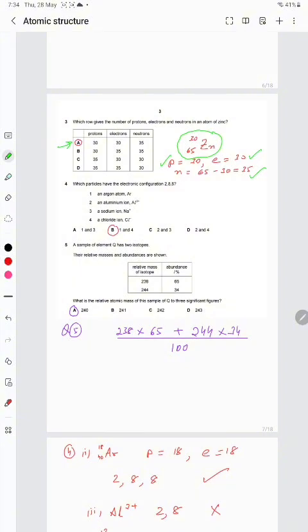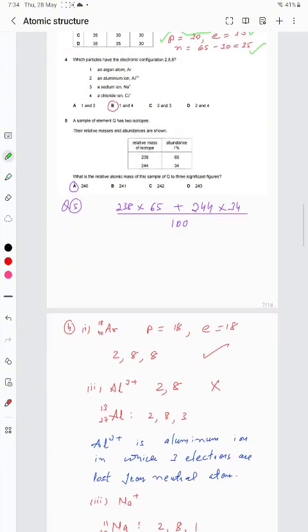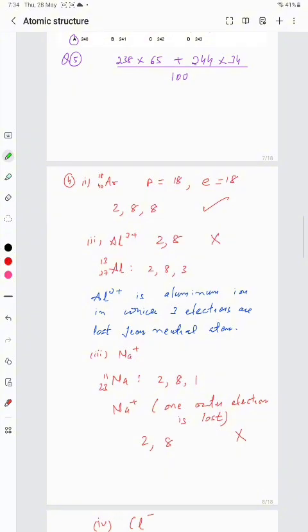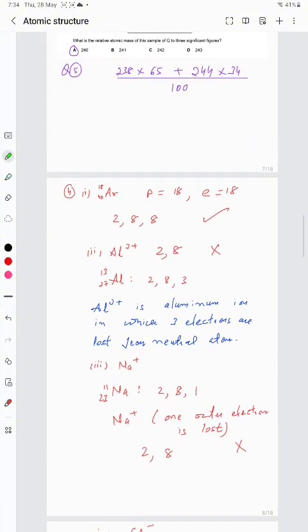Which particles have the electronic configuration of 2, 8, 8? There are 4 cases. One is argon, one is aluminium ion, one is sodium ion, and one is chloride ion. So first of all you have to find all these, argon, aluminium, sodium and chlorine, in the periodic table, and you have to draw their electronic configuration.